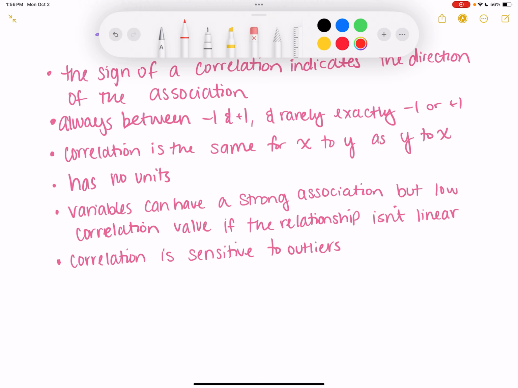All right, now you need to be aware that correlation is not equal to causation.